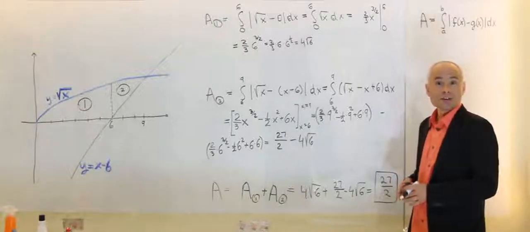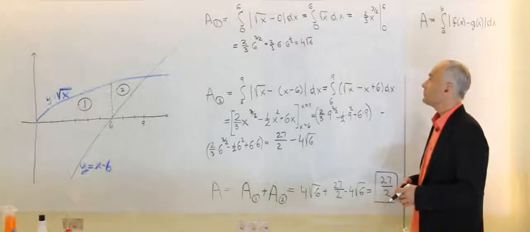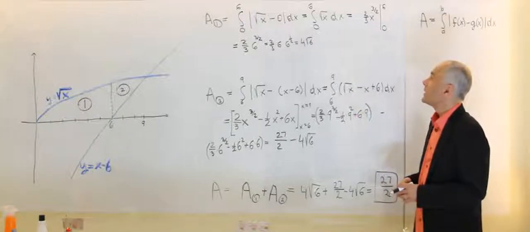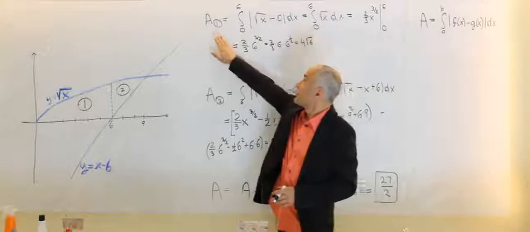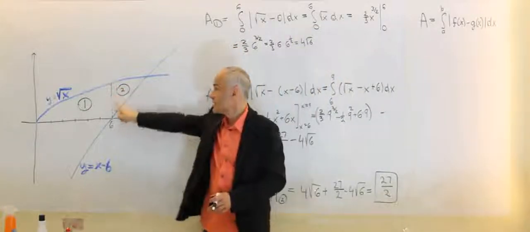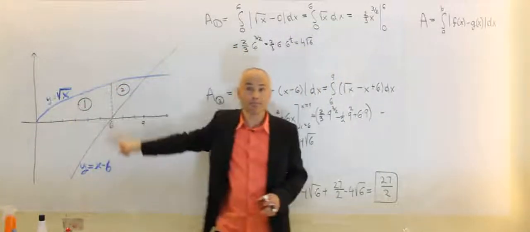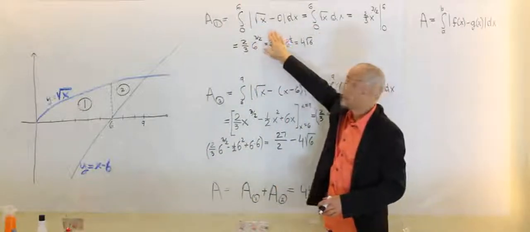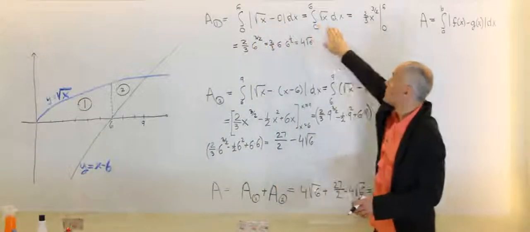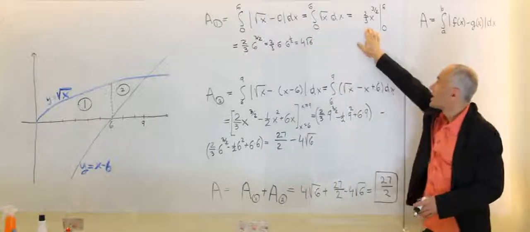So let's see if what you got is what I prepared here on this whiteboard. Okay, let's start with the first region, A1. So we are evaluating the integral from 0 to 6 of the square root of x, right?